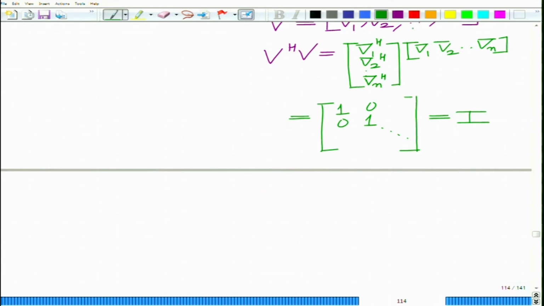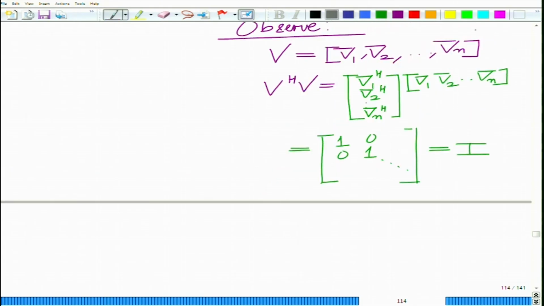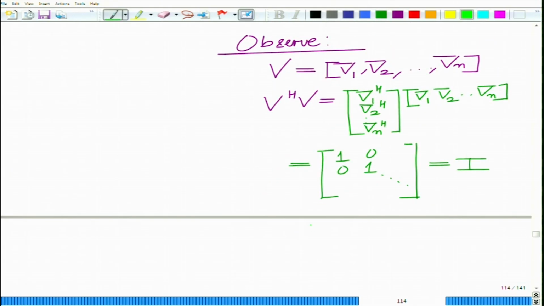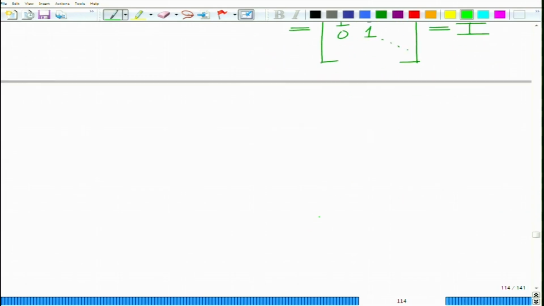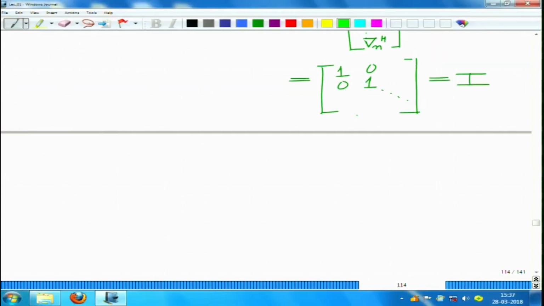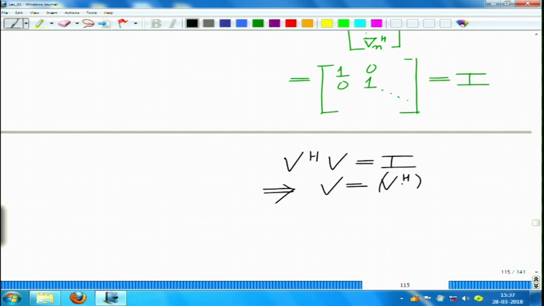So, we have something interesting. We have V Hermitian V equals identity, which implies V equals V Hermitian inverse, since the inverse of a square matrix is unique.